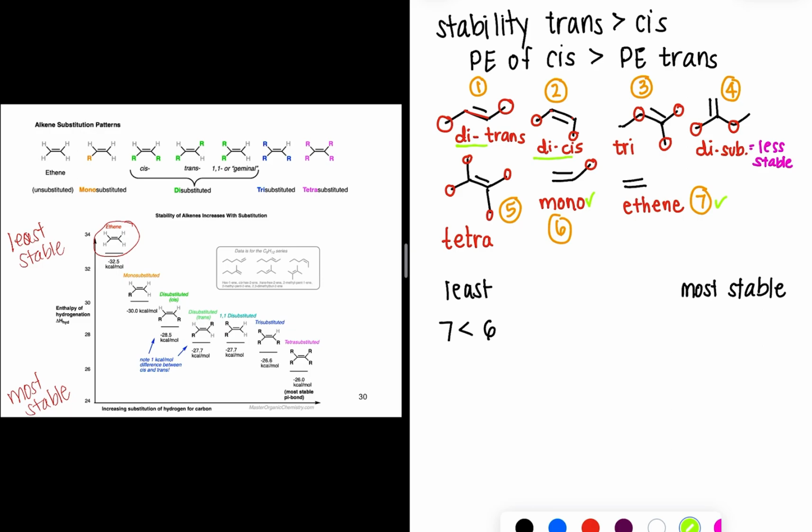Number 4 is less stable than number 1 and 2. We're going to look at the other di-substituted. So the cis is less stable than the trans. Then the tri-substituted one, number 3. Then the most stable one is number 5. So this is the stability of alkenes.